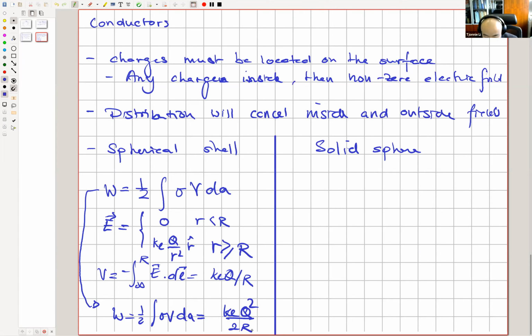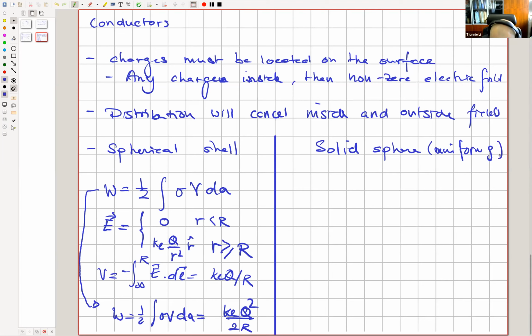Now we can do exactly the same thing where we have a sphere with a uniform charge distribution. Okay, so this is uniform rho here.